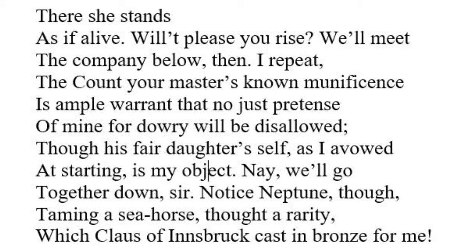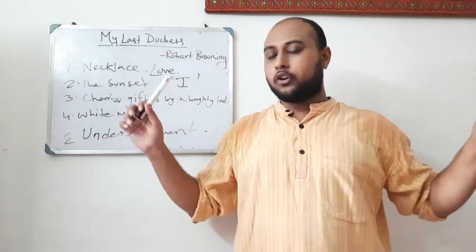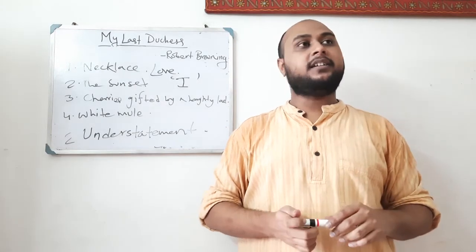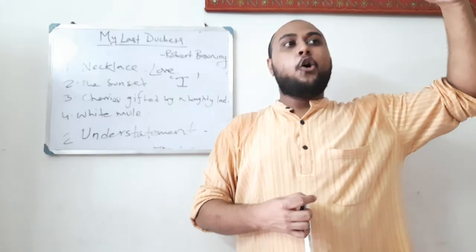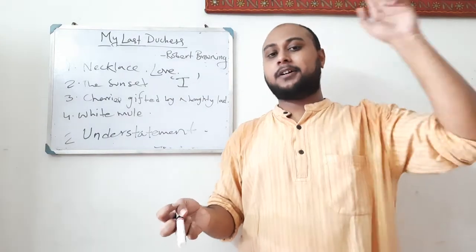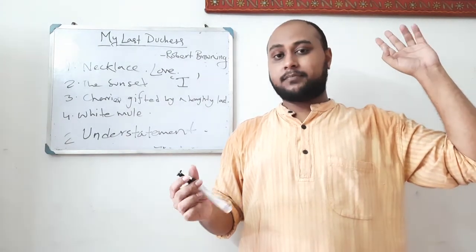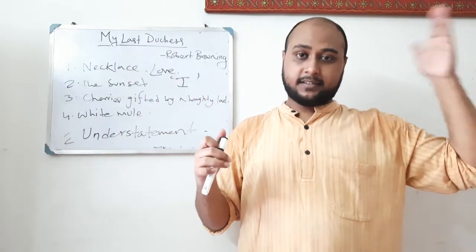Then, I repeat, the Count your master's known munificence is ample warrant that no just pretense of mine for dowry will be disallowed. Now we get to understand why this guest has come here. So this guest, the Nicolas Madruz of history, is actually the messenger of the Count of Tyrol, who is the guardian of Barbara, the eighth daughter of the great Roman Emperor Ferdinand I, and Ferdinand II is the Count of Tyrol.